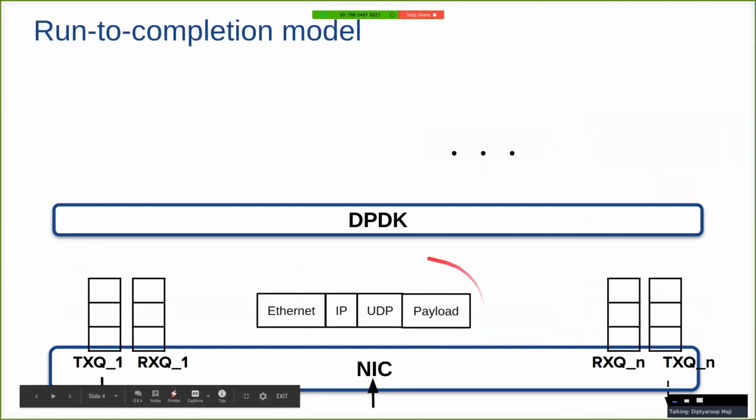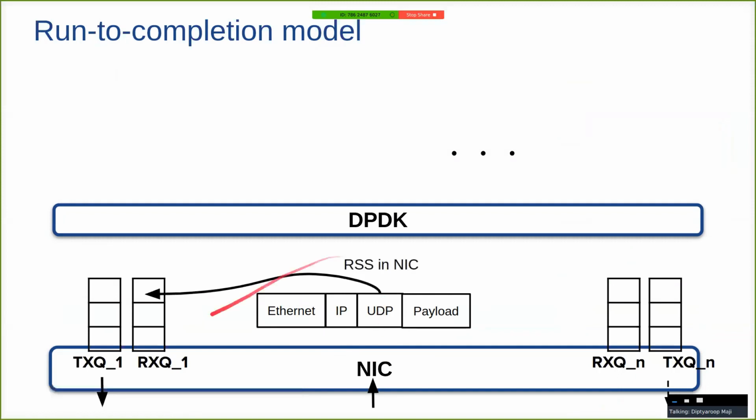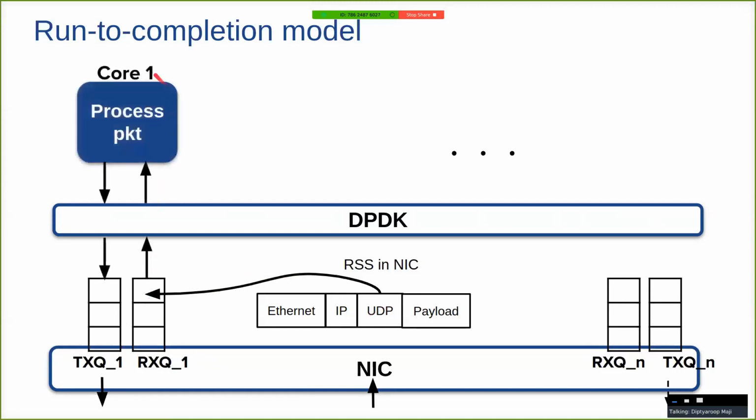So let us go into a bit more detail about both these designs. First up is run to completion model. So let's assume the NIC receives a UDP packet. When it receives a UDP packet, it is sent to any one of the RX queues via RSS on NIC. As you may recall, RSS or receive side scaling was discussed in the previous lecture on kernel bypass. So when this packet is sent to any one of the RX queues, any one of the cores takes up this packet in the user space and processes the packet.